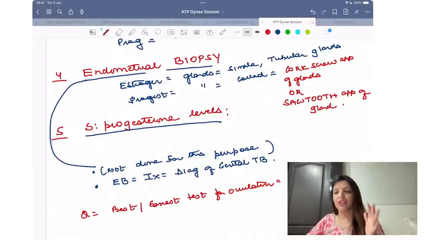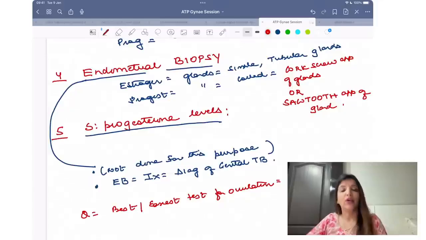But अभी तक हमने जितने भी test किए, all of them are tests which, in a retrospective manner, tell you that a female has ovulated or not. Suppose I want to predict ovulation. I want to tell the time of ovulation in my patient.